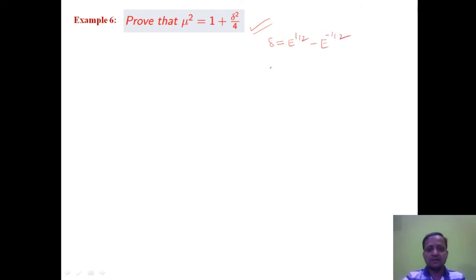Another relation we know is mu in terms of shift operator, 1 by 2 of E power 1 by 2 plus E power minus 1 by 2. We know the relation between mu and E and delta and E, but we don't know the relation between delta and mu. Either you can consider the left hand side or right hand side. So here I am considering LHS.